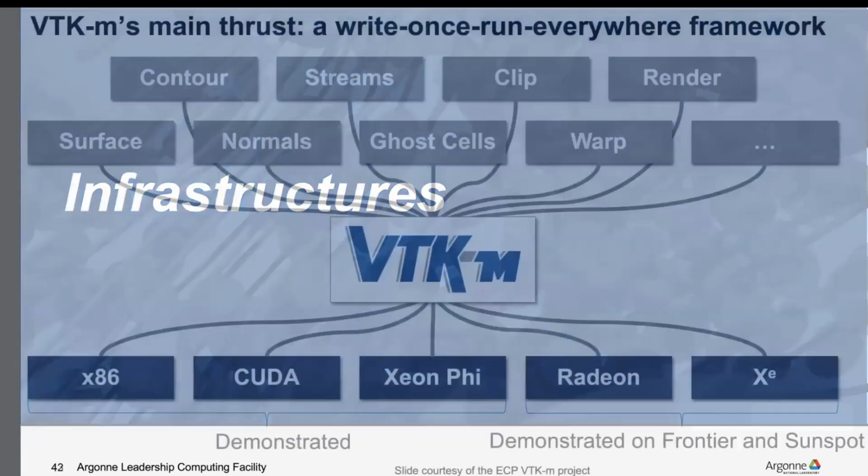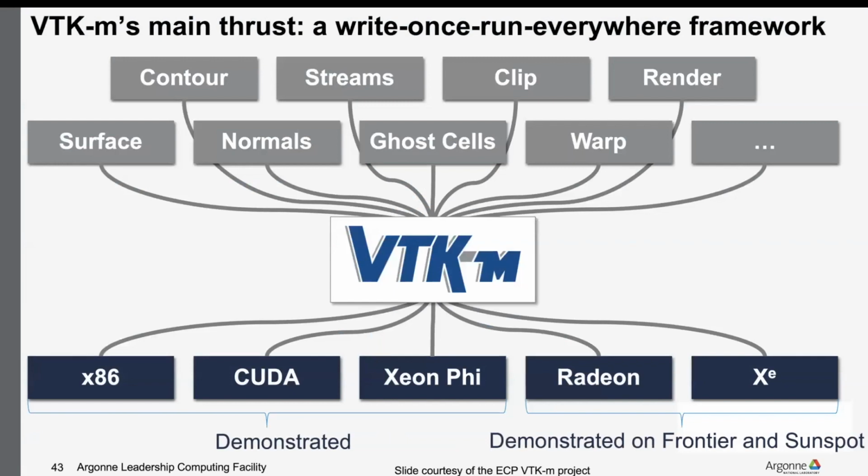So, some of the infrastructures. As I mentioned, VTK-m is one of the underlying infrastructures, trying to take advantage of accelerators. As you see, there are multiple layers here. On the top are the visualization algorithms that Joe described earlier. And we wanted to make this portable, right? So we want to run this on AMD GPUs, Intel GPUs, NVIDIA GPUs, and all the CPUs available.